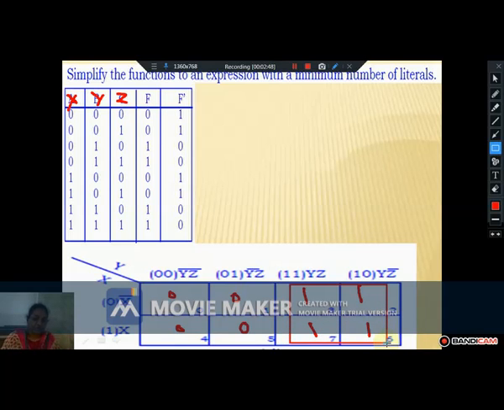We can form only one quad. Let's do the marking. So this will be quad 1. Let's write the expression here.